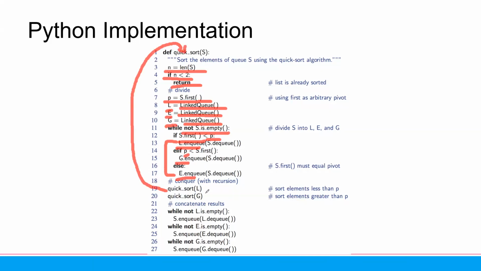And after we finish with L, which is the lower part, we go to the next quicksort with G. And then at the end, we can combine. So we combine it into S. If L is not empty, then first we add L, because L is the left part. And then we add E, and then we add G.